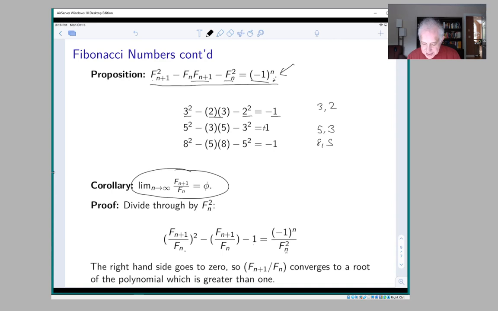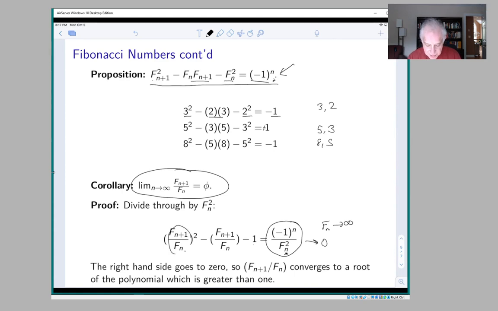And now as n gets large, f_n goes to infinity. The Fibonacci numbers get bigger and bigger. So this number gets smaller and smaller as the Fibonacci numbers get bigger. And so this ratio gets closer and closer.